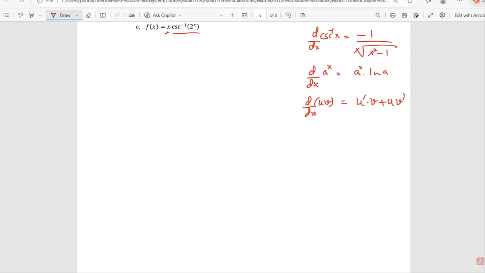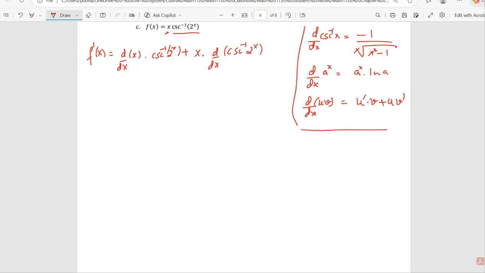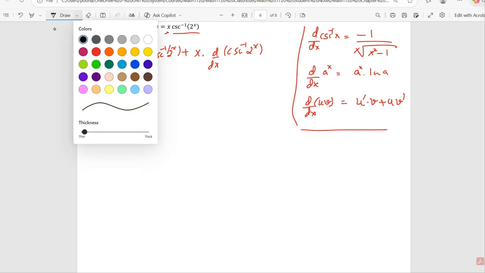Let's do this. The derivative of x times cosecant inverse 2x is the derivative of x times cosecant inverse 2x as is, plus x times the derivative of cosecant inverse 2x. Let's write down the things.